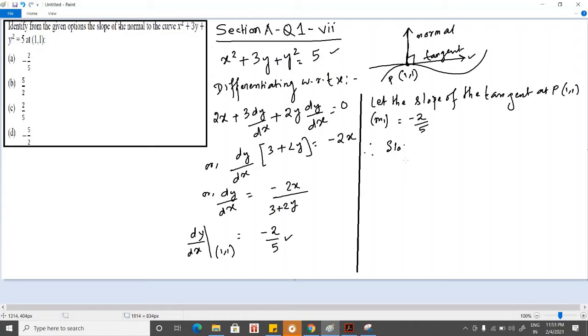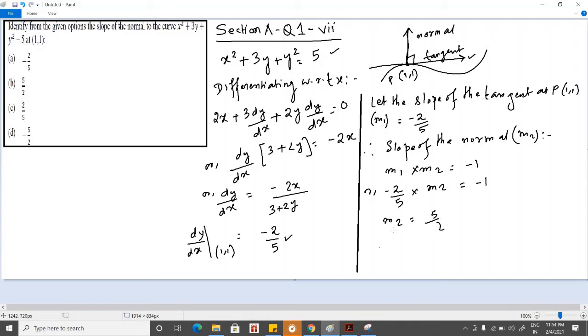Therefore, slope of the normal, within bracket let us consider this as m2, can be found out as m1 into m2 equals to minus 1. What is m1? Minus 2 by 5 into m2 equals to minus 1. From here we get m2 equals to 5 by 2.